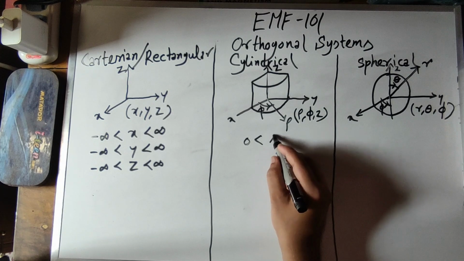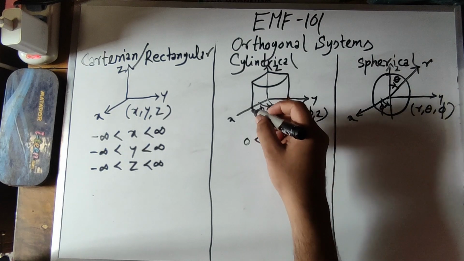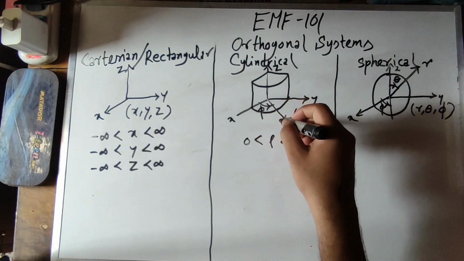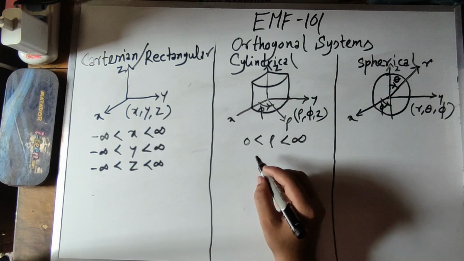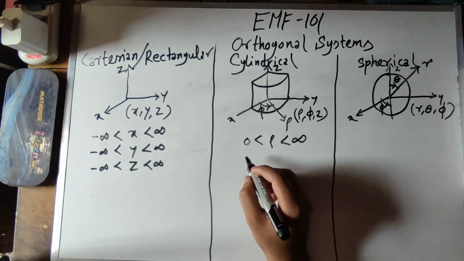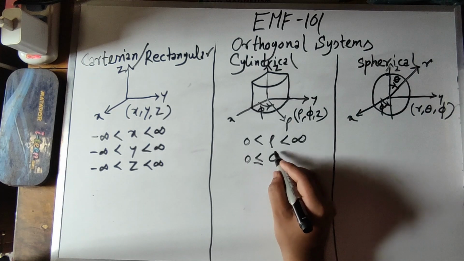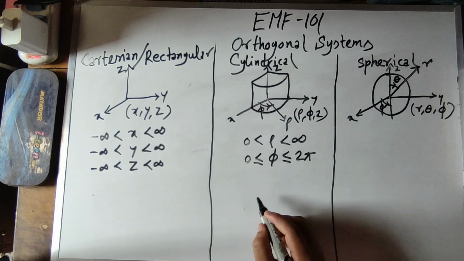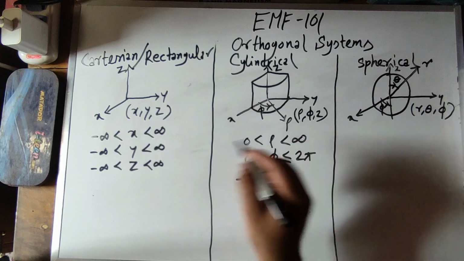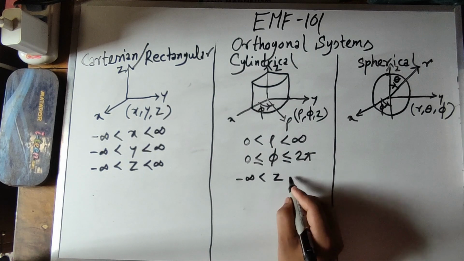Phi is an angle, it can only travel an angular distance from 0 to a full circle, or 2 pi radians. And z is the same as the z of Cartesian, so minus infinity to infinity.